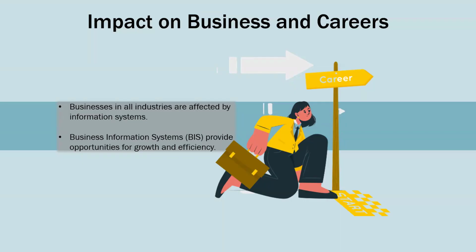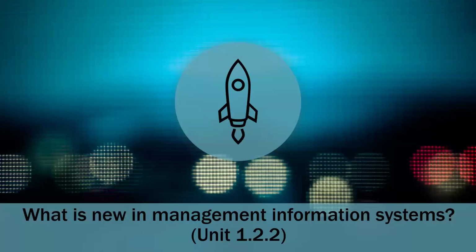So all businesses nowadays are integrating information systems within their companies. Business information systems provide what we call opportunities for growth and efficiency, right? So now let's look at the next subunit, which is what is new in management information systems, right?